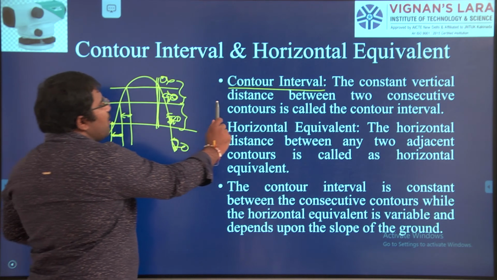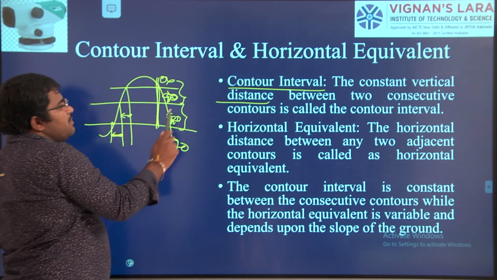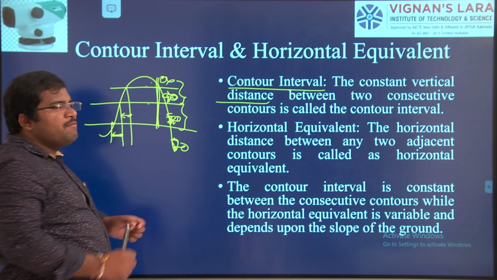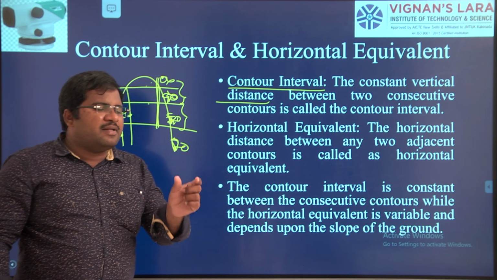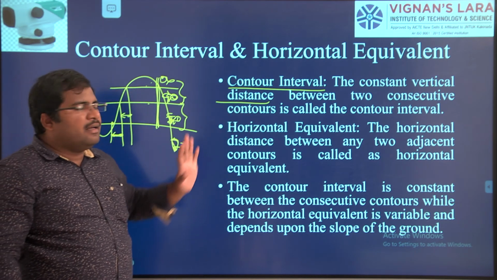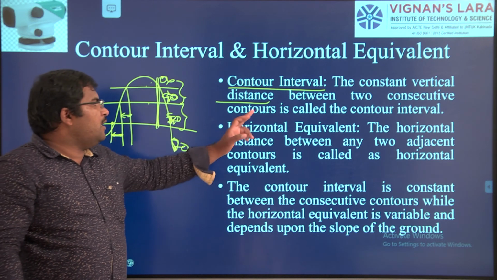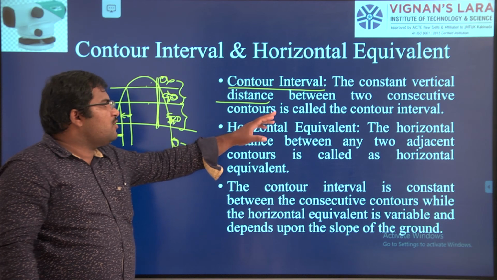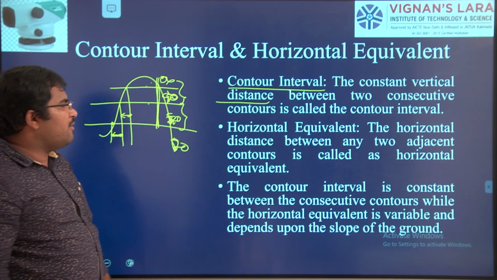The constant vertical distance between two consecutive contours, meaning the constant difference in level between adjacent contours, is called contour interval, right?